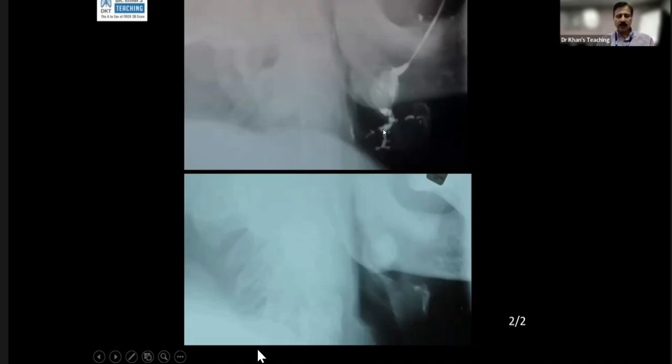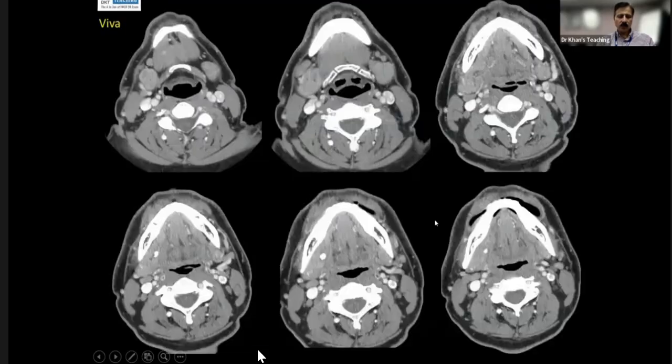So sialectasis has causes like obstructive sialectasis or non-obstructive sialectasis. Here, one thing which was well picked up is that this is a submandibular sialogram, because look at the configuration of the cannula, which goes down like this. But the key point was the basic thing which is asked for: a normal scout, a plain film.